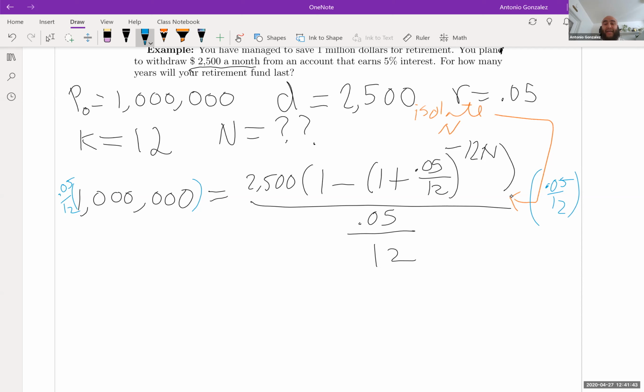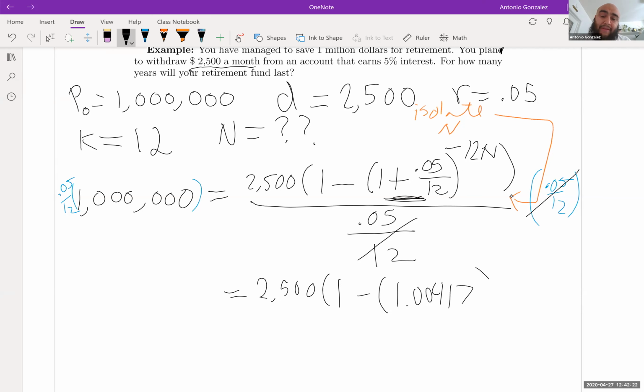All right. So when I do that, notice that on the right side of my equation, this is going to reduce to 1. So my right side becomes 2,500 times 1 minus 1. Actually, let me do another step here. Let me add these two numbers so I don't have to keep writing 1 plus whatever. Let me find out what that is: 0.05 divided by 12, and that is 0.00417.